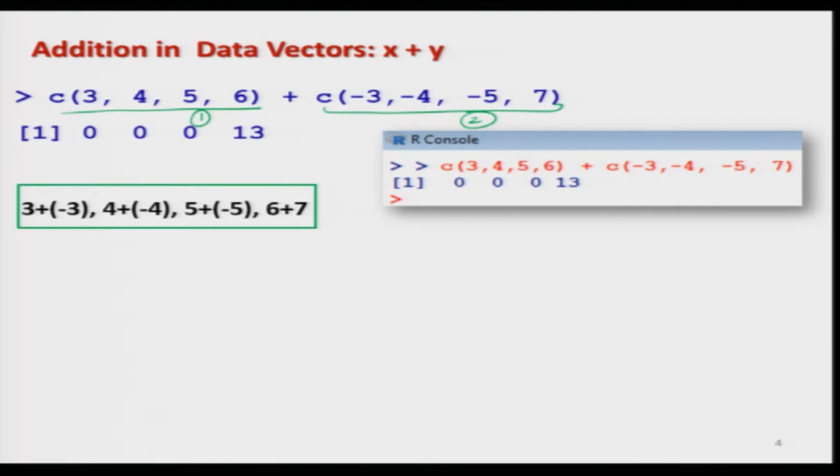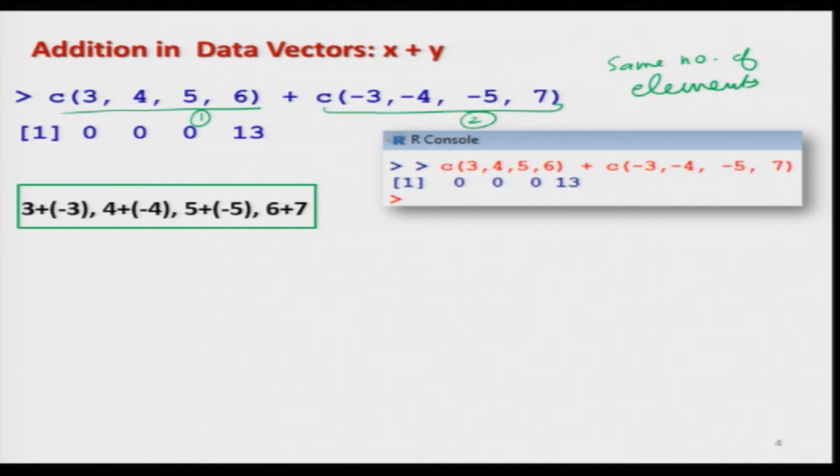What you have to notice is that both these data vectors have the same number of elements. Data vector 1 has 1, 2, 3, 4 elements and data vector 2 has 1, 2, 3, 4 elements. You have to keep this in mind, because I am going to show you what happens when these numbers are not the same, and how R operates.